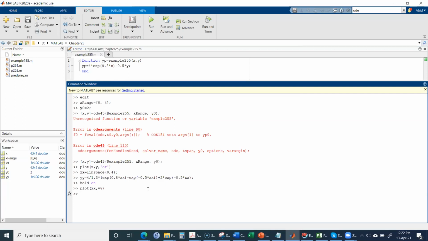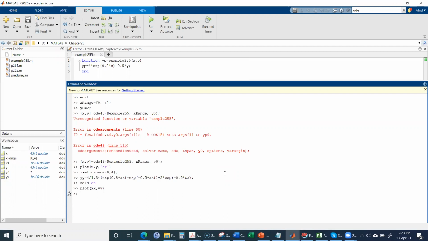Okay, so in this case, what we can see is that ODE45 in this format is giving us a range of values. But what if we want to find some particular value for the function? I have a question.